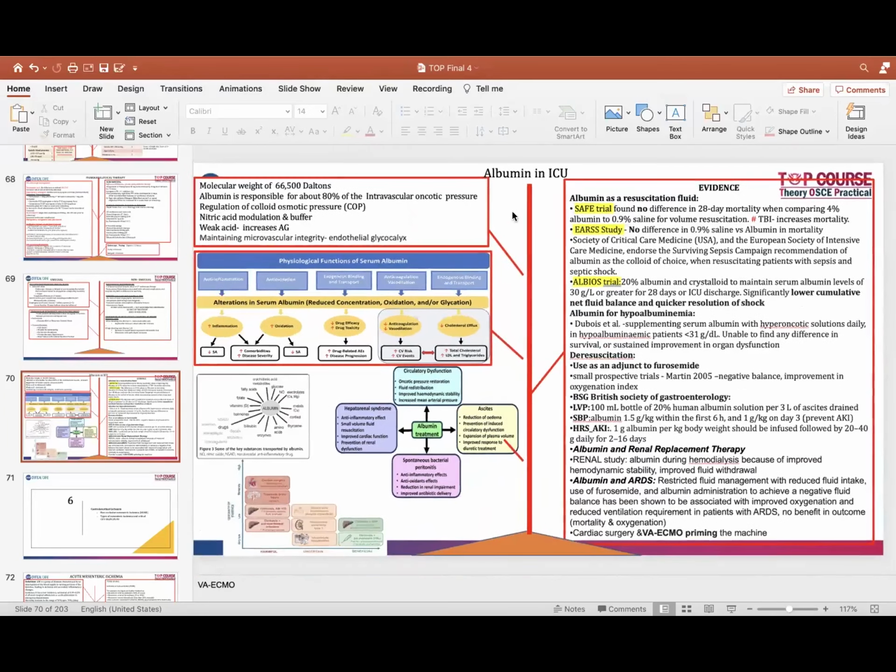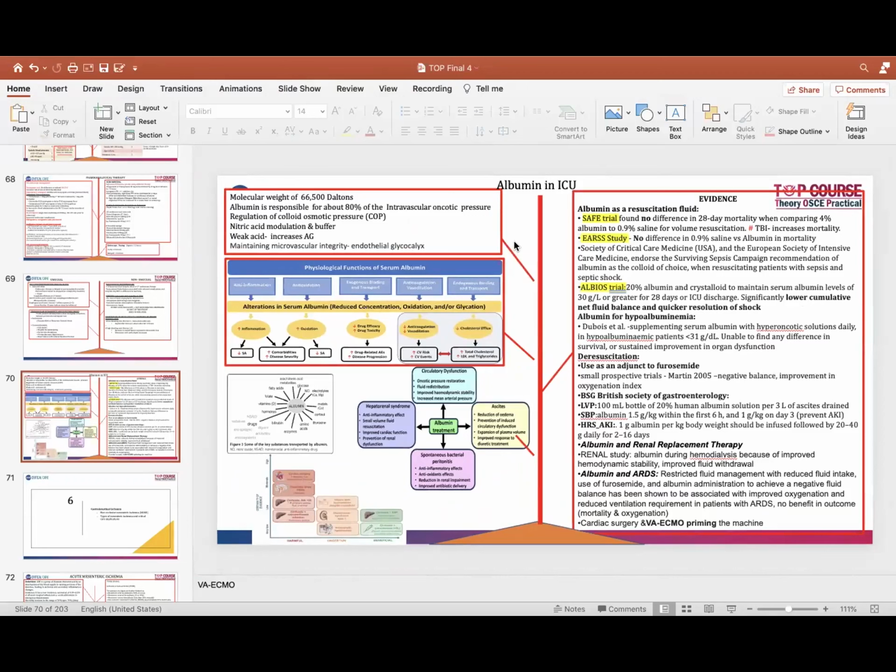I think if you are looking on your mobile, you can take a screenshot and then zoom into it. That will give you a better view.